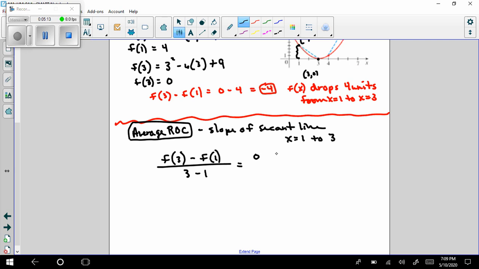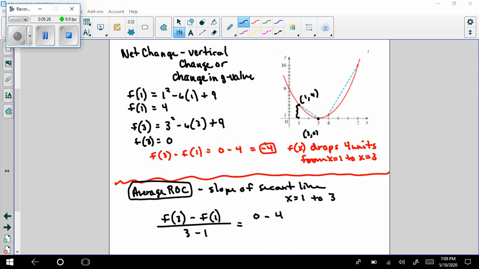So f of 3 is equal to 0, sorry. What am I doing? Sorry, I was looking at that value instead of these values up here that I need to use. So f of 3 is equal to 0, so 0 minus 4 over 3 minus 1, which is 2, which is negative 4 over 2, which is negative 2.